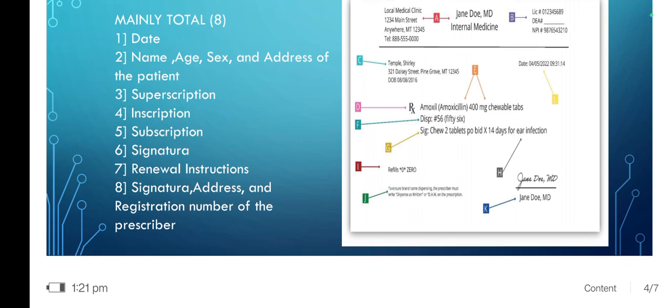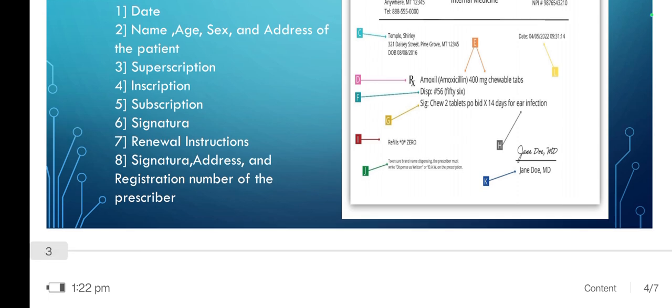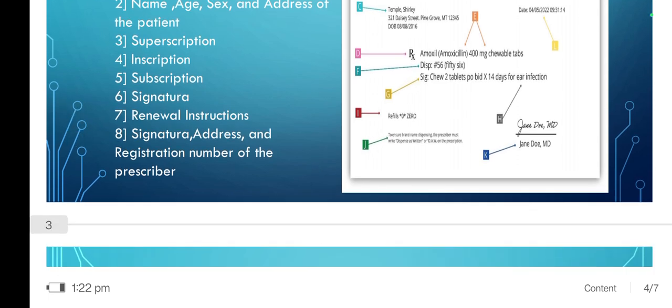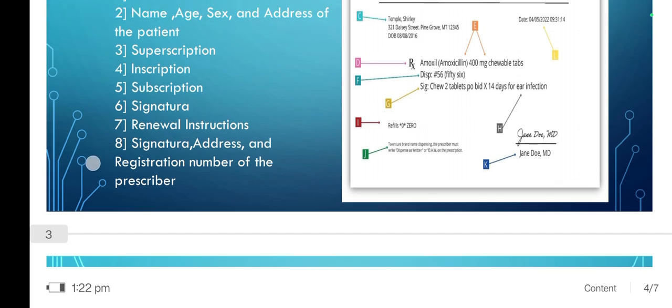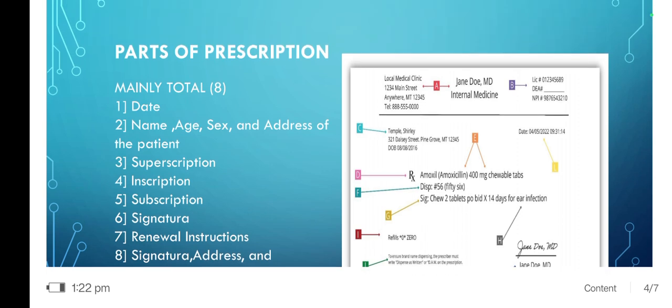Third, superscription. Fourth, inscription. Fifth, subscription. Sixth, signature. Seventh, renewal instructions. Eighth, signature, address and registration number of the prescriber. Let's see one by one what each part of the prescription does.